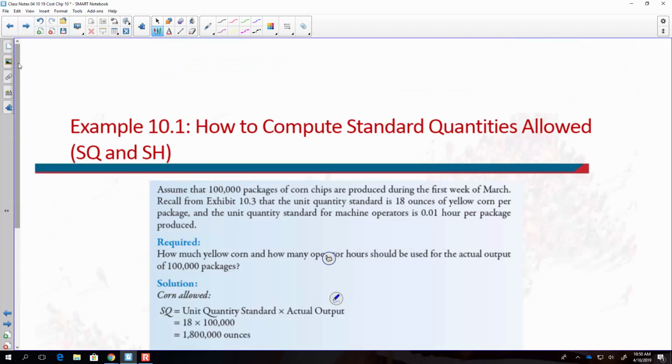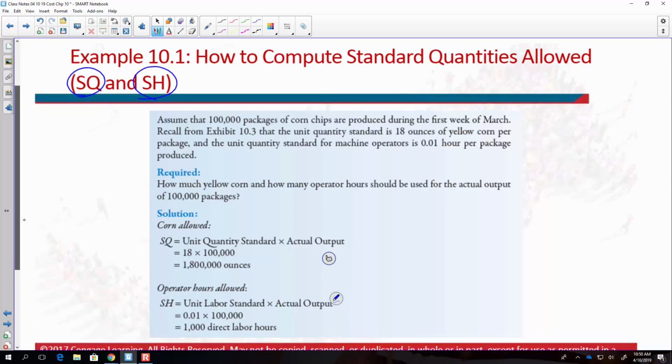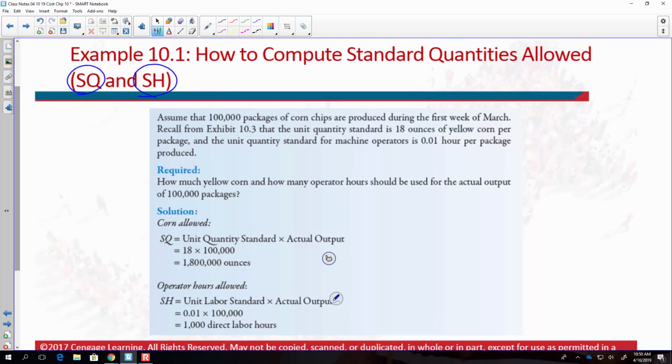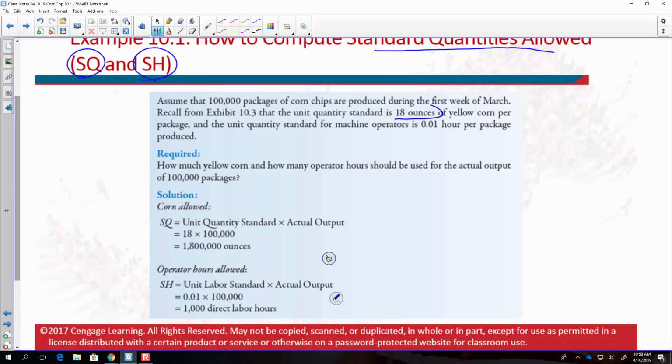All right. Chapter 10 has a lot of abbreviations. SQ and SH are two of them. They basically mean the standard quantities allowed. What should I have used, right? So if we look at example 1 here, we have 18 ounces as the standard. And I'm multiplying that 18 ounces by actual output.